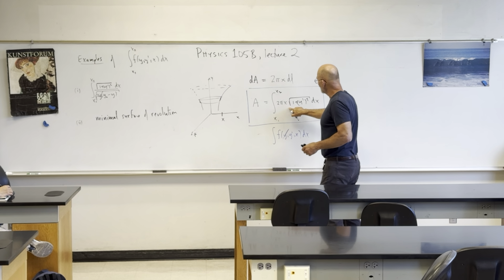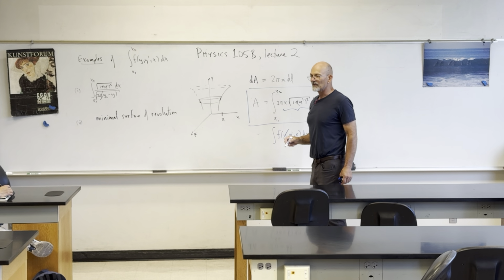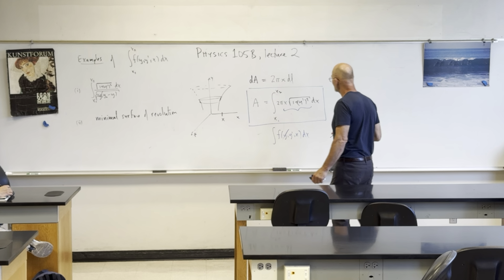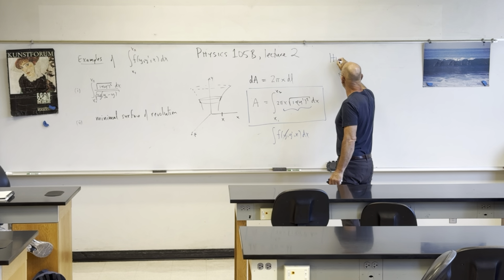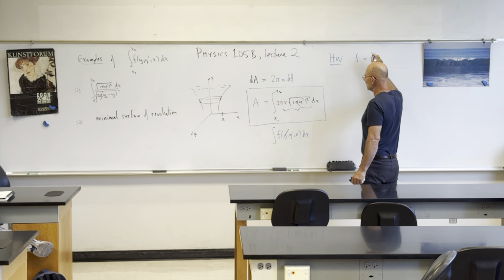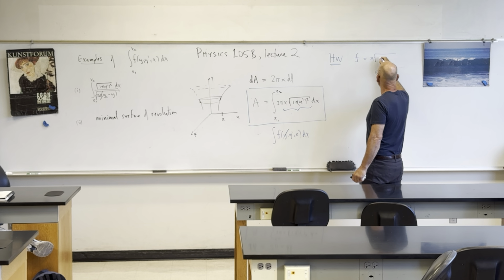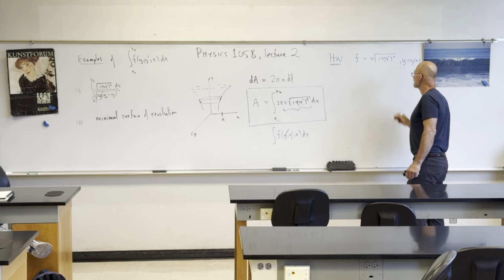So yeah, we go to the Euler-Lagrange equation. You can even see that the 2 pi isn't going to play a role. Pull the 2 pi out. So we're just going to say homework. Let's say f equals x root of 1 plus y prime squared, y equals y of x.